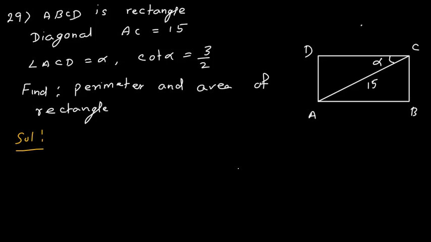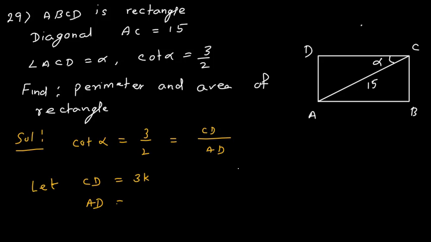So let us start with what is given. We have cot alpha is 3 upon 2, and from this diagram we know cot is adjacent, that is CD, upon opposite, that is AD. So let us take CD as 3K and AD as 2K.